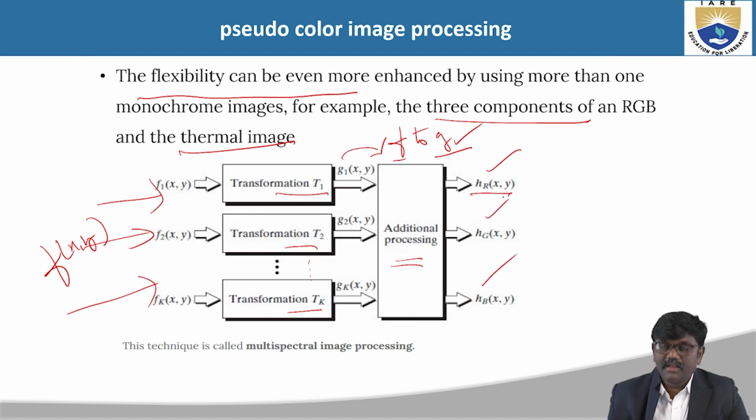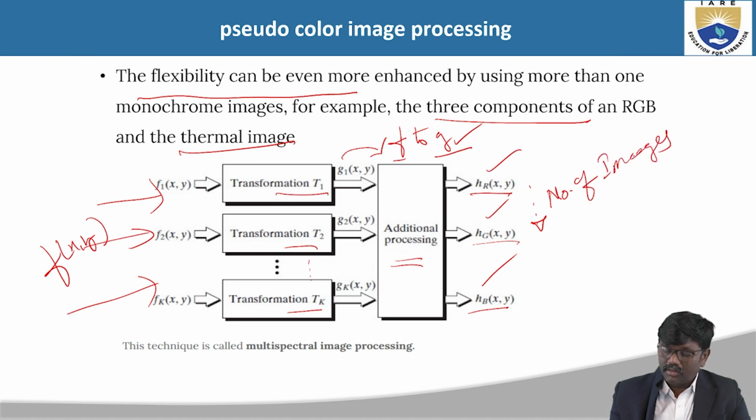So this is red color, this is green color, this is blue color. But you can change the number, it is not fixed. You can change the number of images according to your application.